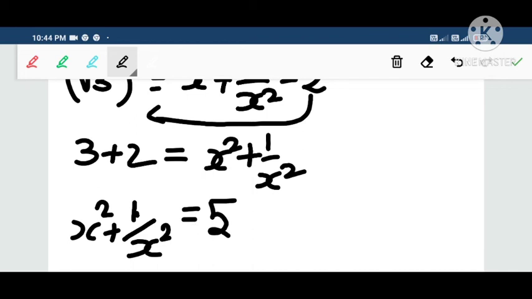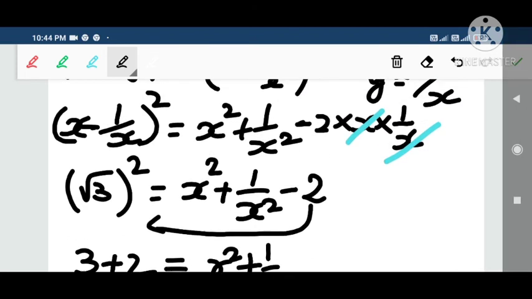Next what we need to find out? We need to find out x to the power 4 plus 1 divided by x to the power 4. For that we are supposed to use squaring of x square plus 1 by x square. So here I just take x equal to x square and y equal to 1 by x square.